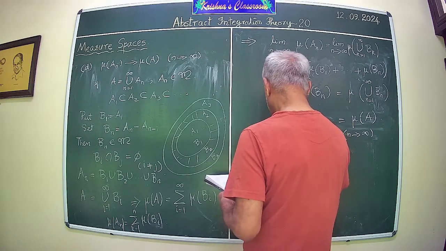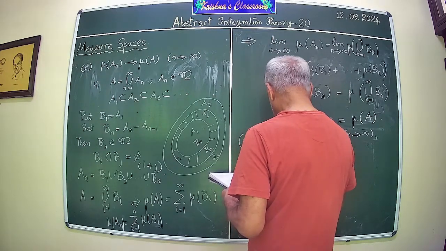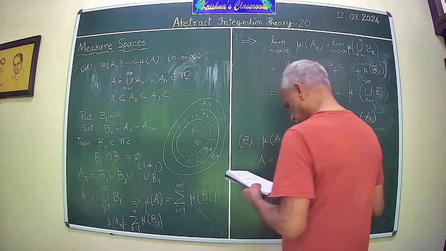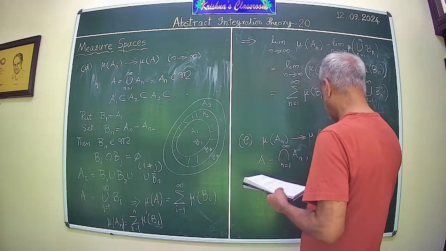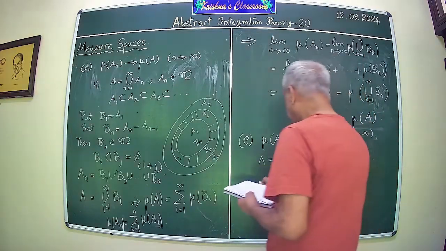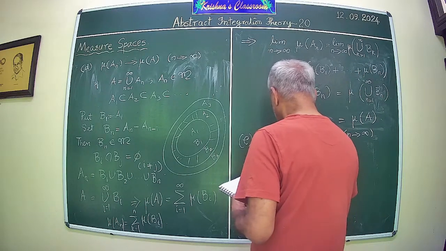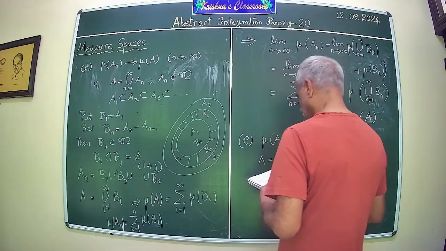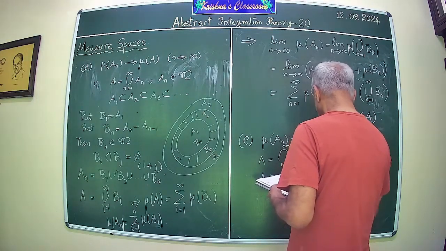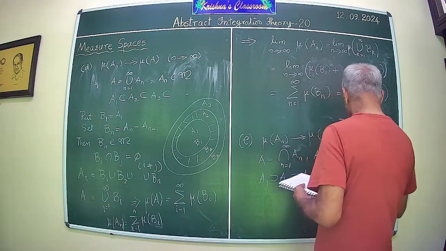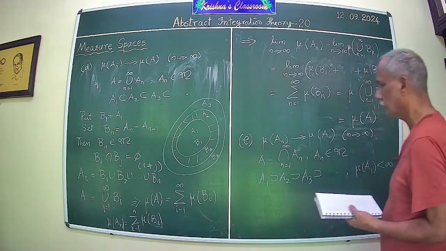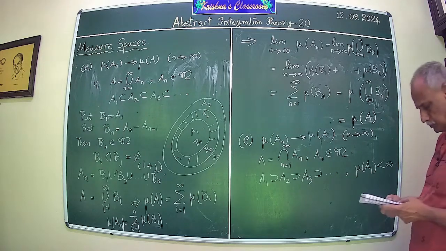A is given by the intersection of An, n equal to 1 to infinity, with An in script M, and you have A1 containing A2 and so on. These are the conditions. This is the statement that we want to prove.